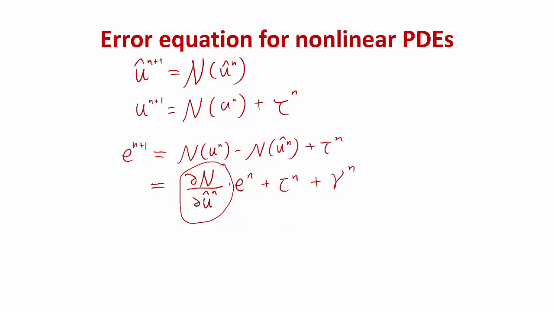But as long as the partial N partial u hat is stable, the effect of this wouldn't really accumulate. It would decrease over time to keep the e of n bounded without going to infinity. All right, any other questions?